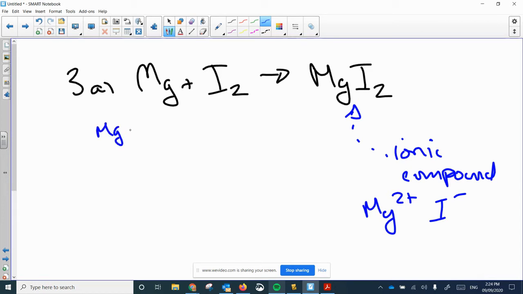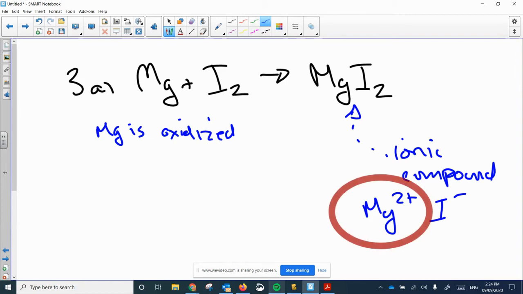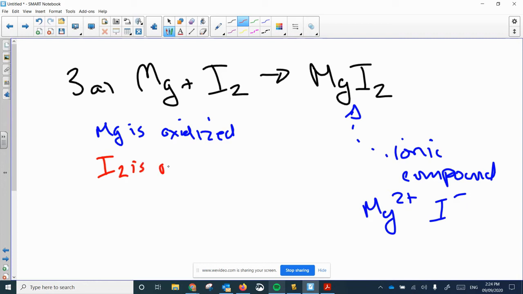So Mg is oxidized. It loses electrons to become Mg2+. We also see that I2 is reduced because I2 becomes iodide, a negative charge. It gains electrons, meaning it is reduced. If you gain electrons, you're reduced. Grr, right?